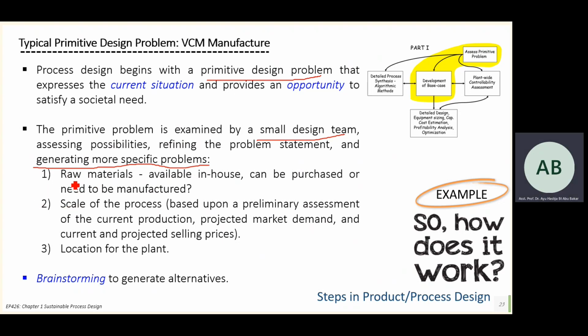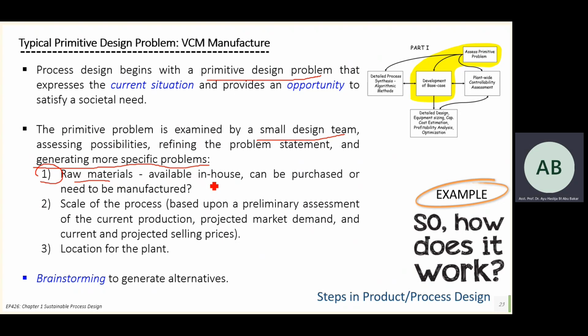For example, the first problem that might occur is the raw materials. Is it available in-house, that means in the current plant? Do they have that much raw material to produce 800 million pounds of product? Or do they need to purchase new material? Or do they need to manufacture it? So these three things need to be considered.